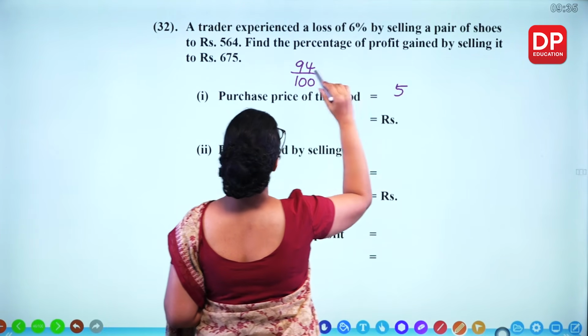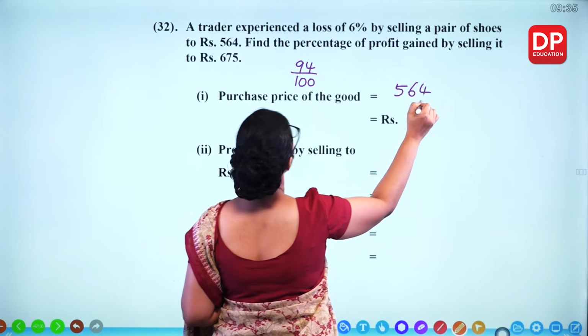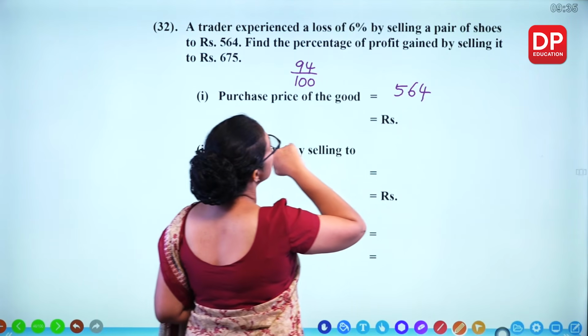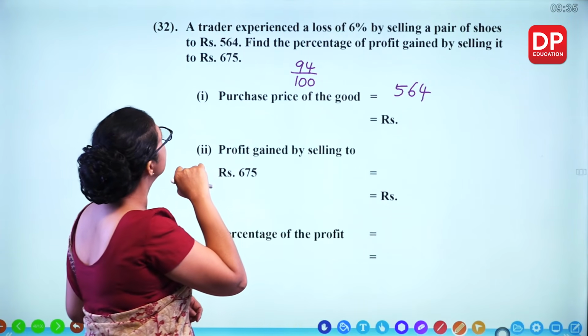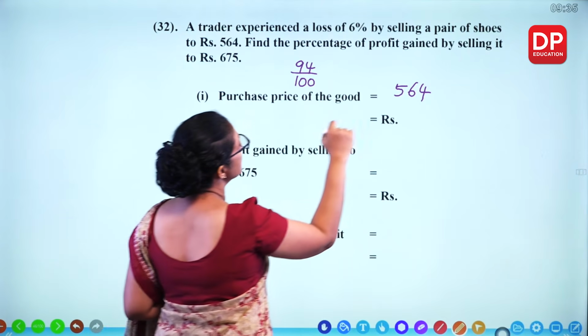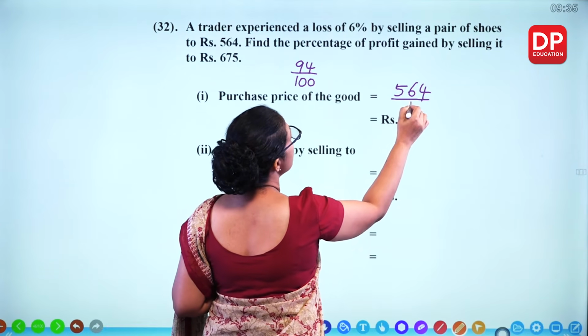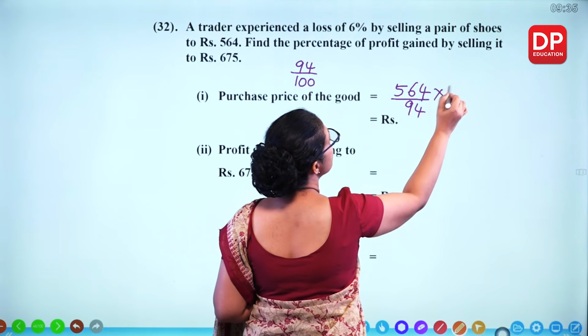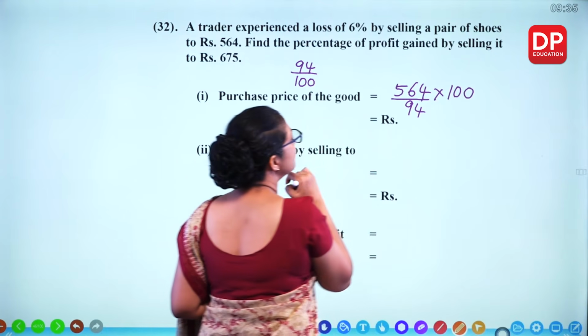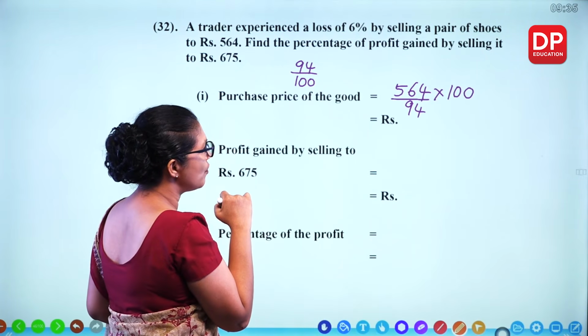564 divided by 94 into 100. So divide by 94.